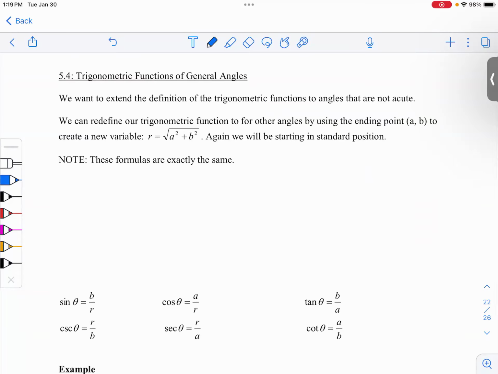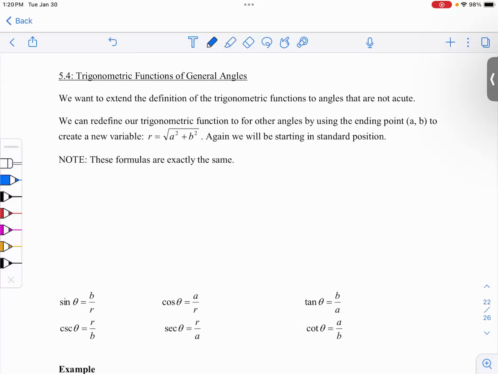Okay, so along those lines, we can extend the definition of the trigonometric functions, and this actually comes back around to the unit circle. For any distance, which we're going to call R, which always becomes our hypotenuse, by definition R equals the square root of A squared plus B squared.